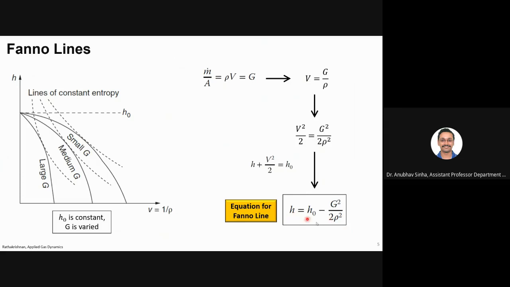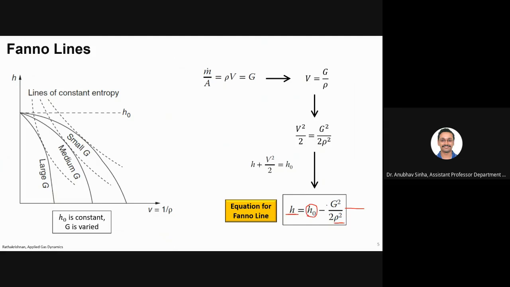Let us say I use this equation, h is variable, rho is variable. We have two more quantities. I can keep h naught constant, and let us say I vary G. So I'll get a plot for different values of G, right?